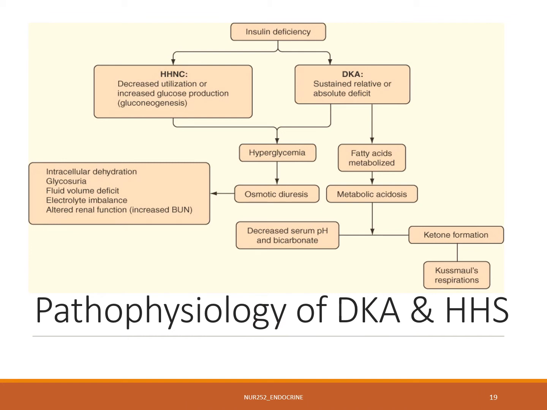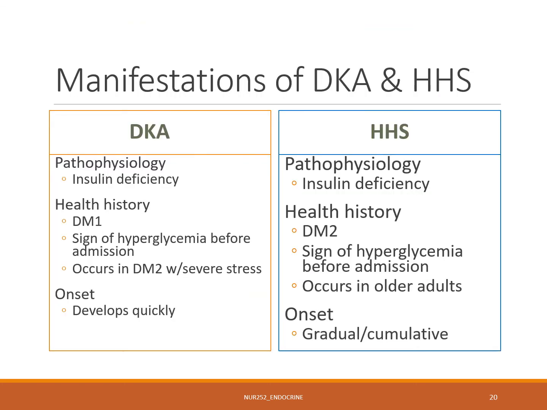This slide here just gives you the pathophysiology of DKA and HHS. So the main difference of DKA and HHS is that the patient with HHS usually has enough insulin to prevent ketoacidosis from occurring.